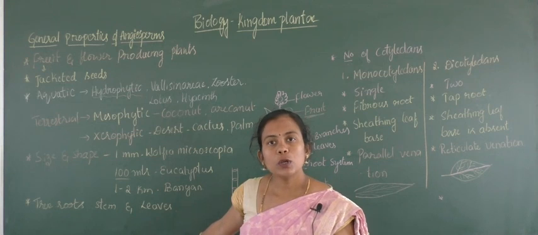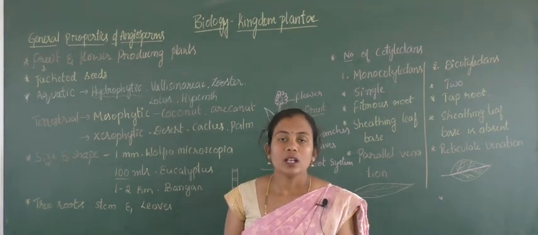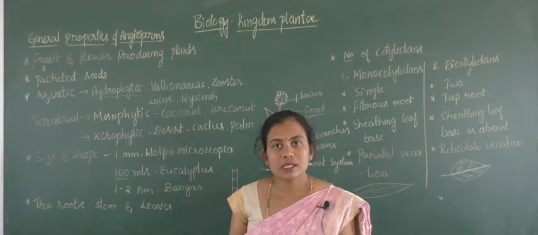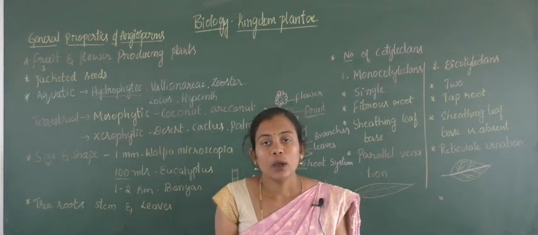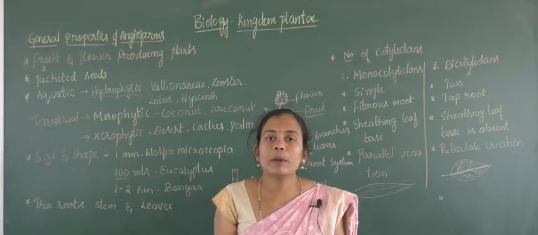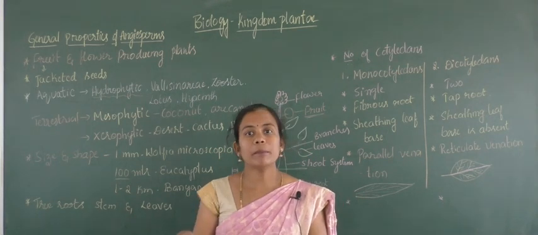They possess true vascular bundles with all the four components, right? So all those four components are present and they form a complete structure called vascular bundles, in which those vascular bundles are arranged in an alternate manner or maybe a random manner.